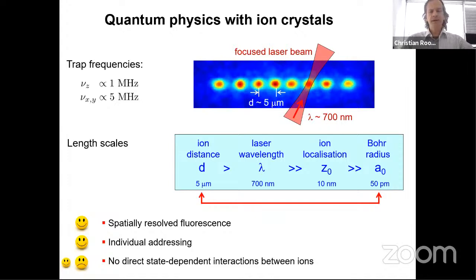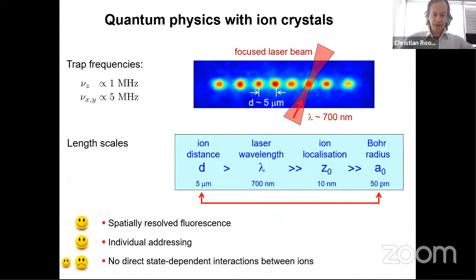And this is good and bad at the same time. It's good if you want to treat the ions as a quantum memory. In that case, you don't have to worry about changes of the quantum state of one ion that might be caused by another ion being in a particular other quantum state.